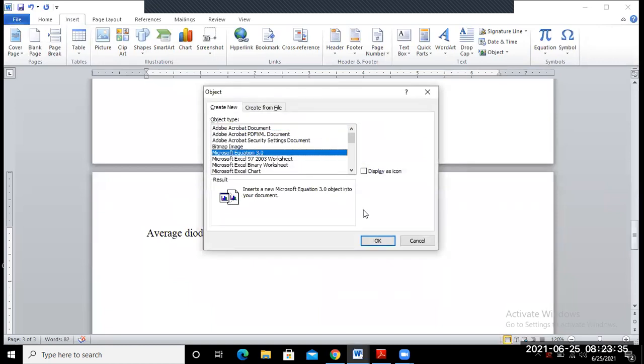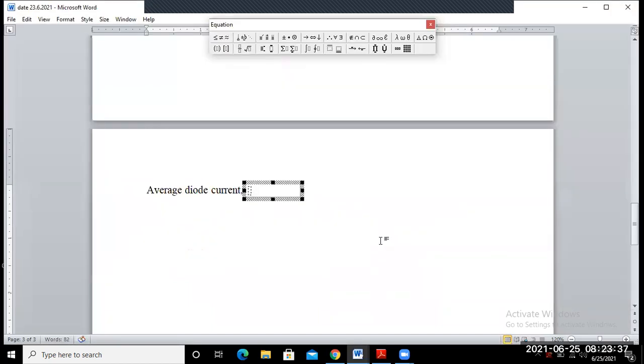I suffix D represents the diode average.